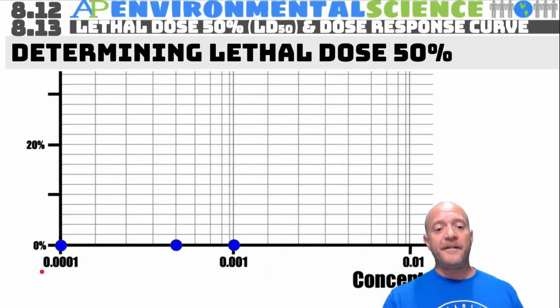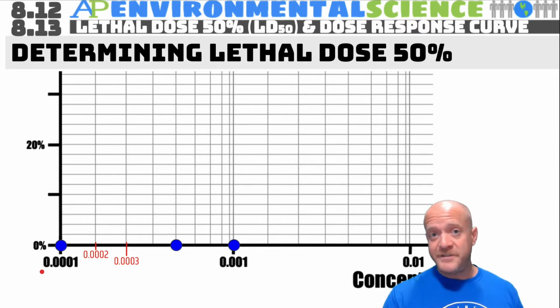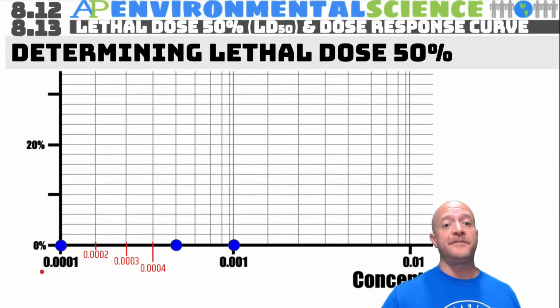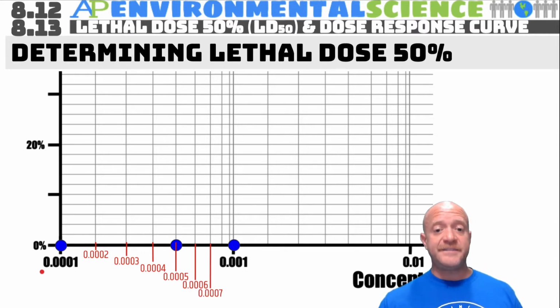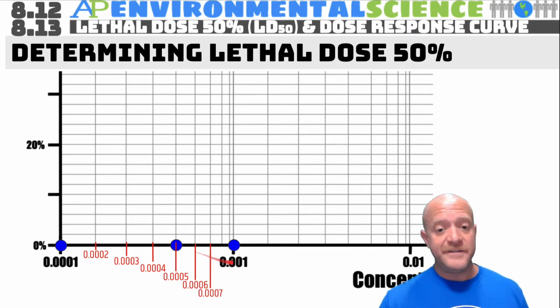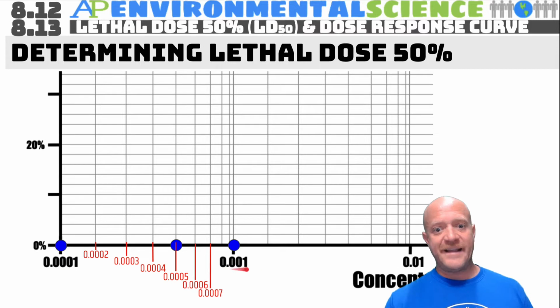So as we count from the left, 0.0001, then 0.0002, 0.0003, 0.0004, 0.0005, 0.0006, 0.0007, 0.0008, 0.0009, 0.0010. And that's exactly what we have here. So I just took off that zero at the end.